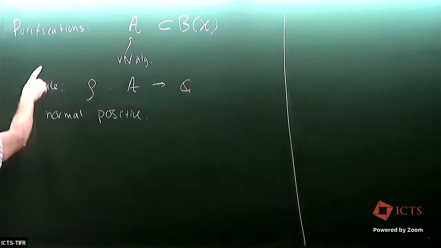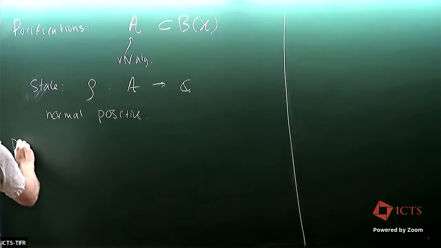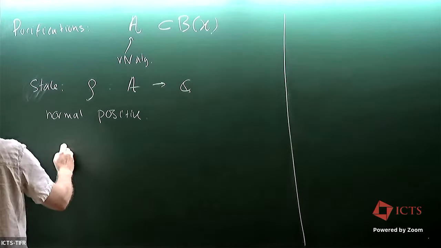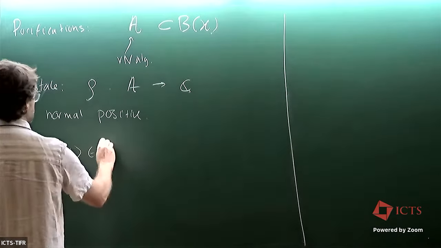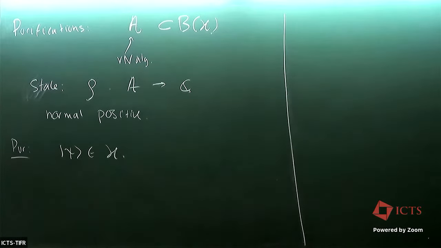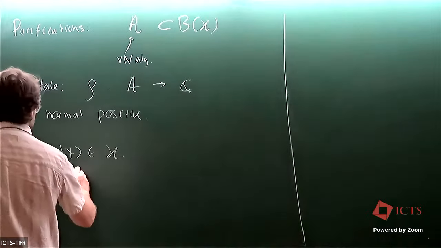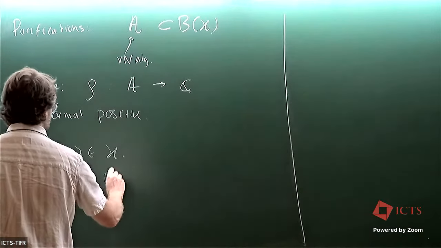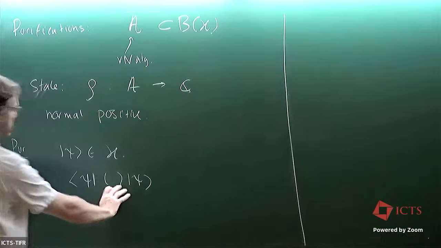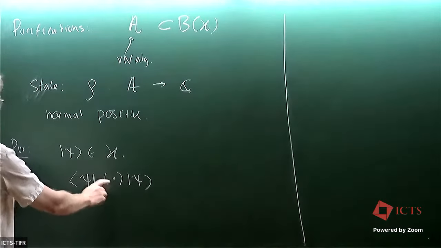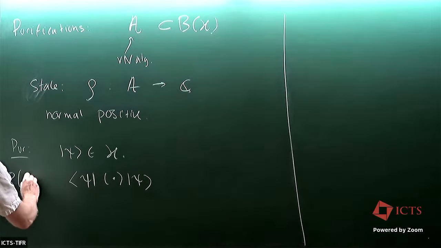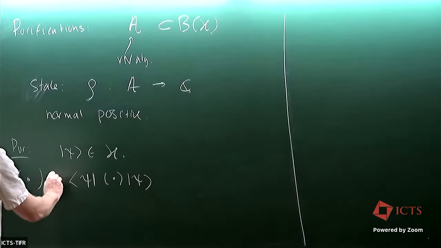In particular, a purification is one where I find a vector in this Hilbert space, and I take that vector and create some expectation values with it. This is meant to be notation where I'm thinking of the state as waiting for some operator to feed in.